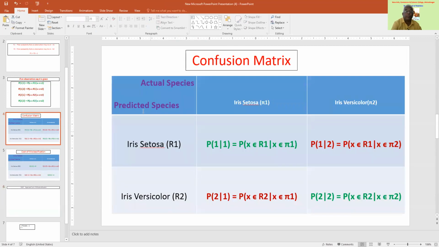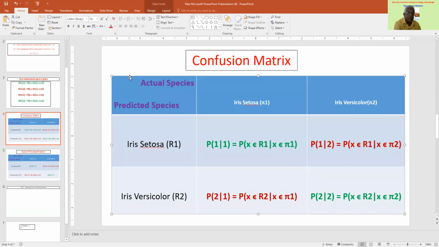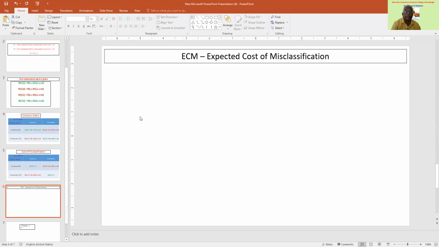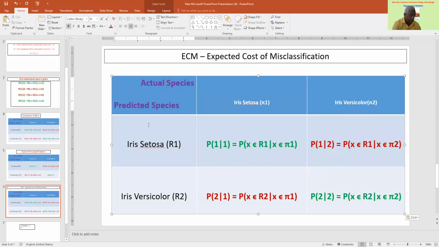Now suppose I take this probability confusion matrix table to this side. I will write here actual class, here predicted class.